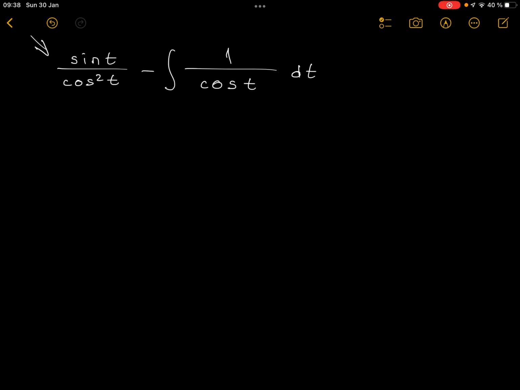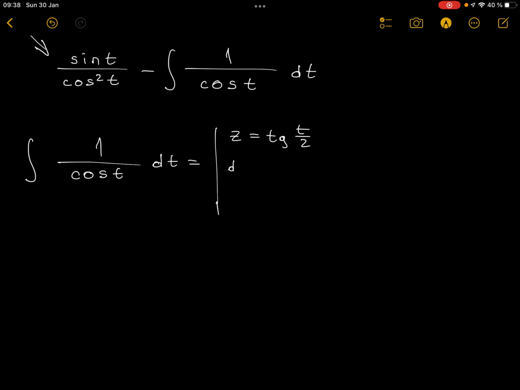Okay, so now I'm going to solve it right here. So the integral of 1 over cosine t dt: let z be equal to tangent of t over 2.